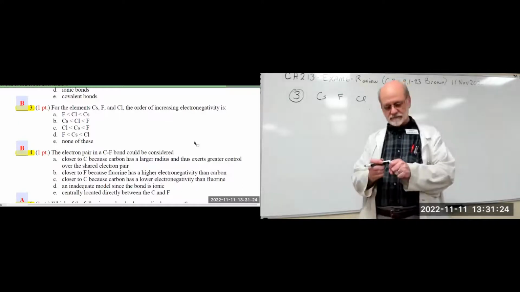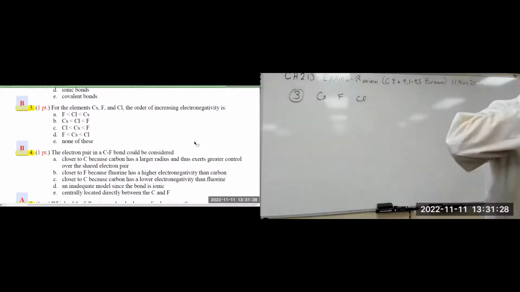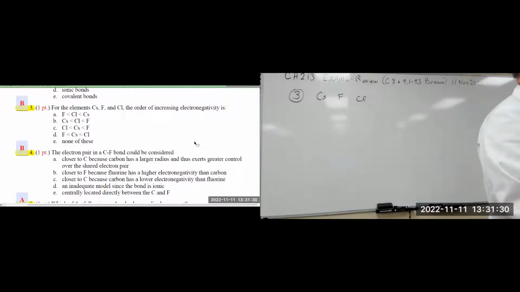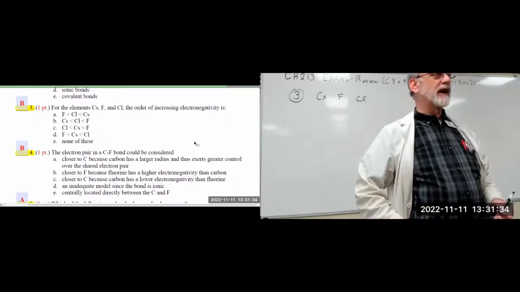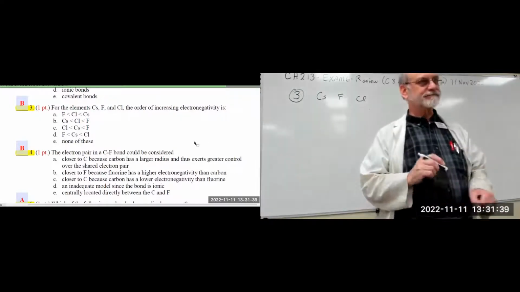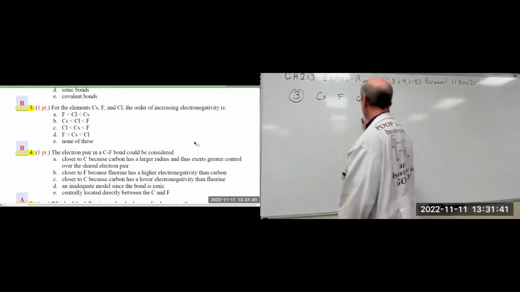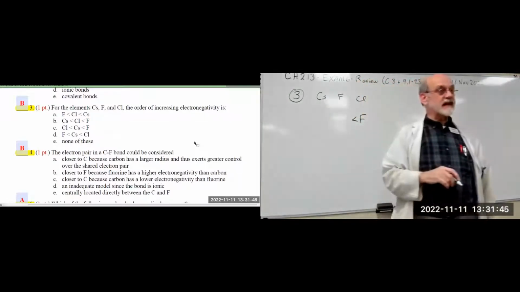Remember, using the Pauling scale, lower left to upper right, increasing. Upper right is fluorine. All right? So the most electronegative is fluorine. Okay, what's the least electronegative?